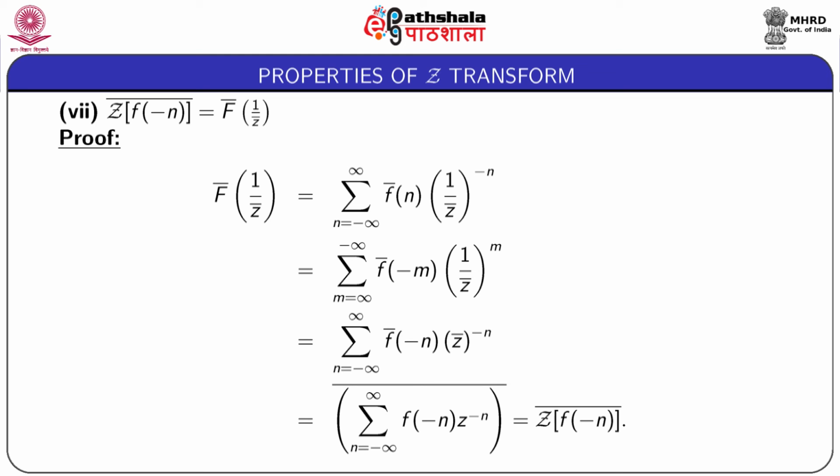Now, if we substitute minus n equal to m, then this becomes summation m equal to minus infinity to plus infinity f bar(minus m) 1 by z bar to the power m, which we can write as summation n equal to minus infinity to plus infinity f bar(minus n) z bar to the power minus n, and this is equal to summation n equal to minus infinity to plus infinity f(minus n) z to the power minus n, whole bar, and that is equal to, because the summation is Z transform of f(minus n), the complex conjugate of Z transform of f(minus n). So, we have proved this result.